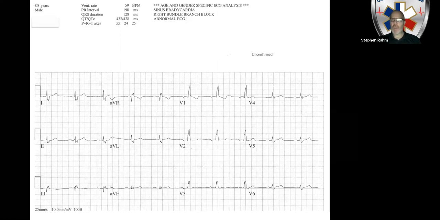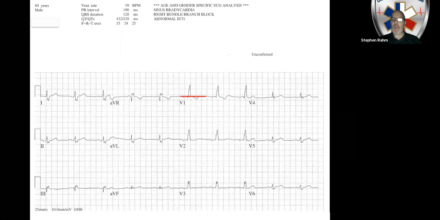In other words, V1 would have to be overwhelmingly positive. And while that is true in the vast majority of right bundle branch blocks that we will encounter, that turn signal method is not as conclusive as it could be, because it's actually the terminal wave of that entire complex that's pointed up.